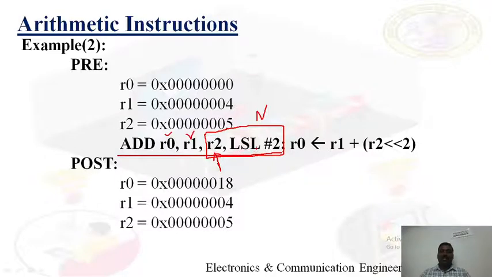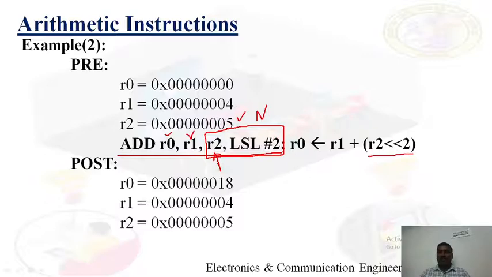First it is logically left shifted by 2 positions. Initially R2 is 5, so 5 is left shifted by 2 positions. Left shift operation is nothing but multiplication; right shift means binary division. If you shift by 1 position, it will be multiplied by 2, that is 5 into 2, which is 10.